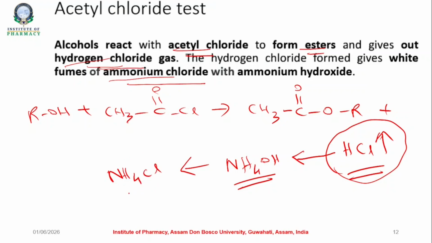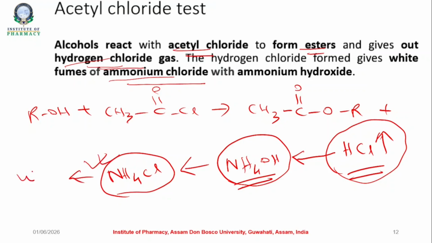So white fumes of ammonium chloride are formed when this hydrogen chloride gas, which is released during this reaction, reacts with ammonium hydroxide. It leads to the formation of ammonium chloride, which gives white fumes. So this is also another test for alcohol, which is called the acetyl chloride test.